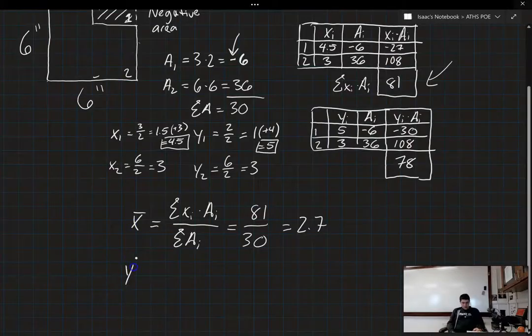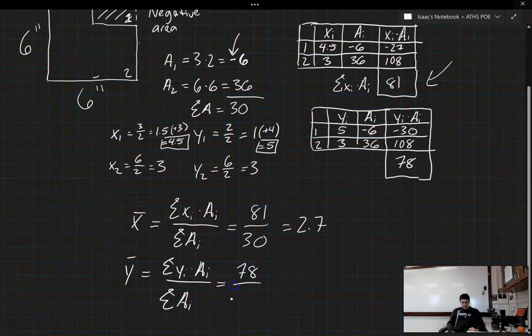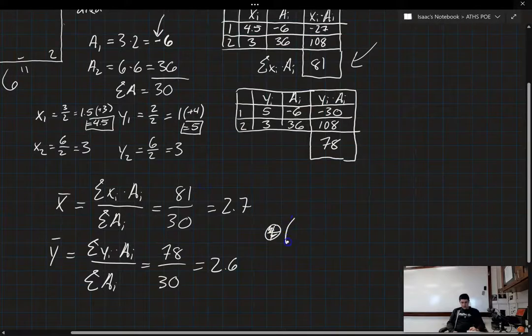My y-coordinate is going to be sigma yi times ai divided by sigma ai. Sigma yi times ai is 78. Total area is 30. So plugging that in, you get 2.6. So just like we got before, the coordinates for our centroid are 2.7 as our x and 2.6 as our y.